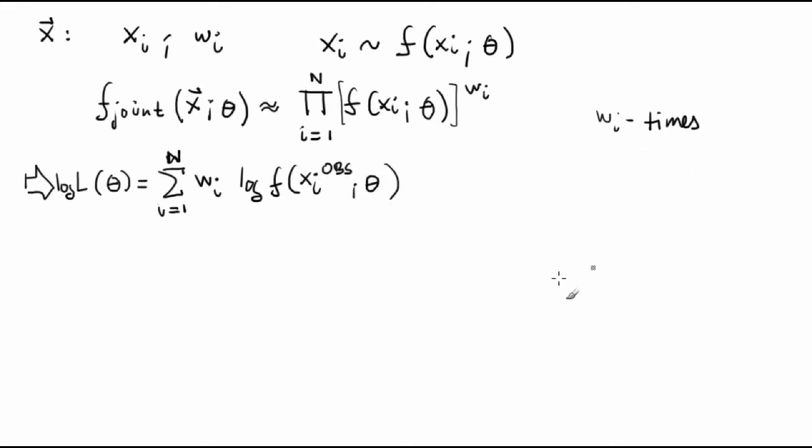It is interesting and quite important to realize what happens if the probability density function for the events x_i is Gaussian.